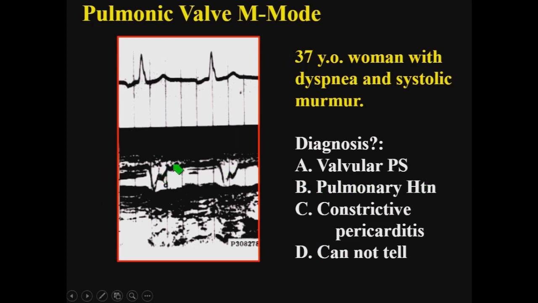Why? What you see here is all the components of the motion of a pulmonic valve in a patient who has severe pulmonary hypertension. Pay attention to the fact that the patient is in normal sinus rhythm. But you look here and you see a line that is very straight, and you don't see any motion of the closure line of the pulmonic valve during atrial contraction.